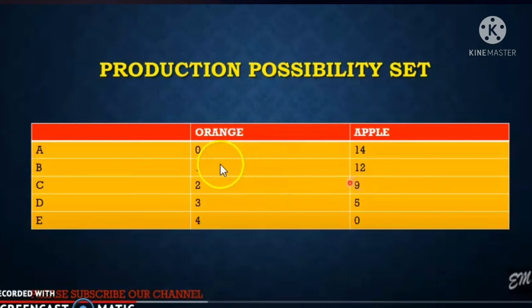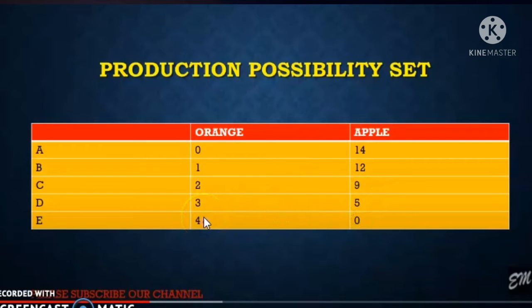If we are ready to cultivate two oranges, we can only cultivate 9 apples. If we cultivate three oranges, we can cultivate only 5 apples.